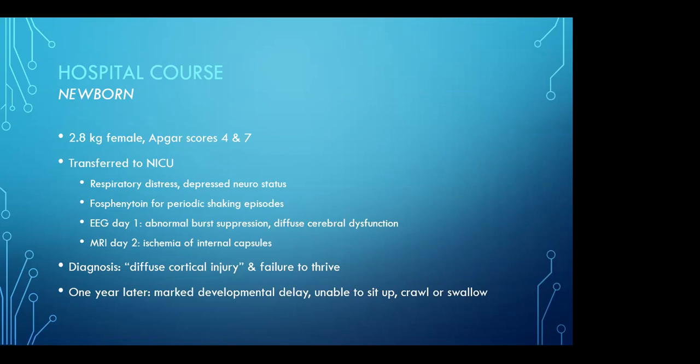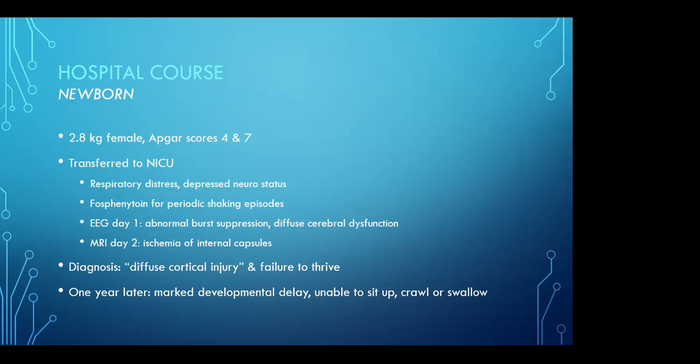They also did an MRI on day 2, which showed ischemia of the bilateral symmetric posterior limbs of the internal capsules. And then the article noted that this lady had multiple previous prenatal visits, including 3 fetal ultrasounds, and there was nothing abnormal. Nor was there any family history of any congenital aberrancies or anything that would have predicted this.